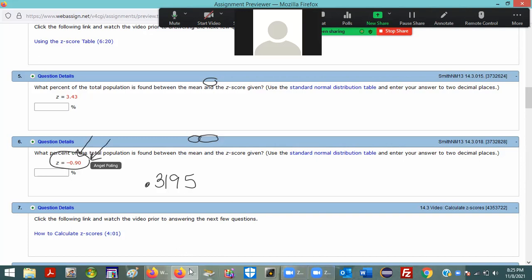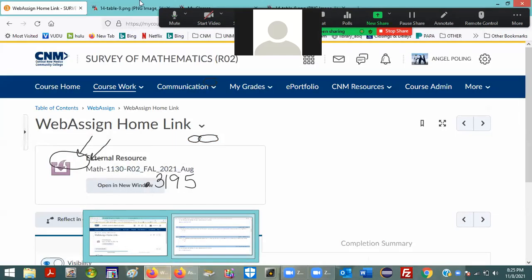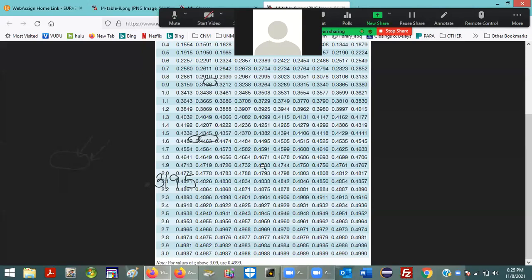So we have a 0.90. 0.9 is that column, and then the ending with the 0 is this row. I said it wrong, that row in this column.